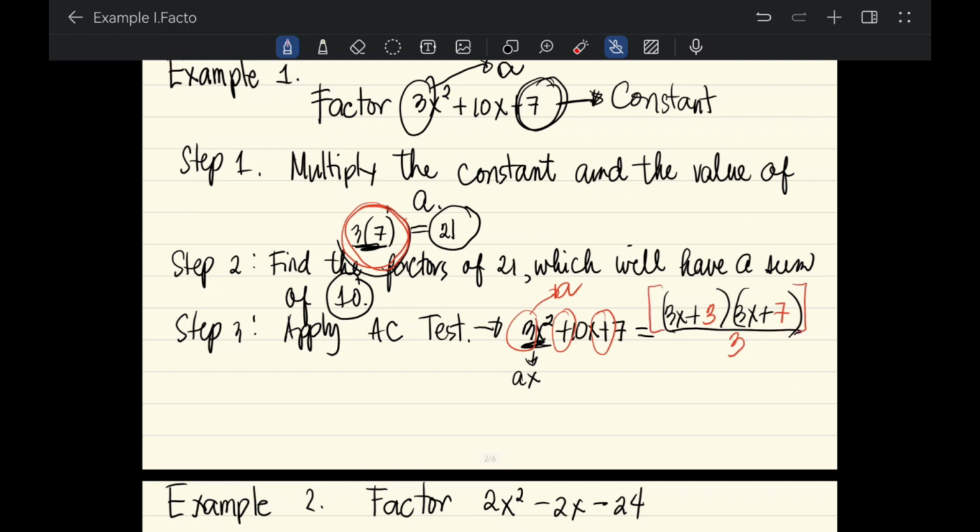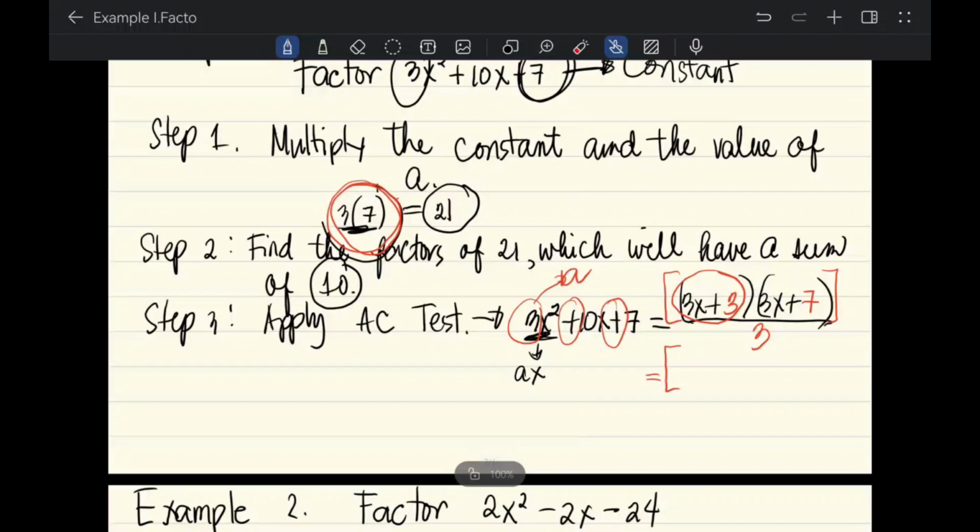Okay. Next, since we can factor out the greatest common factor of this factor, we can take out 3. So that becomes 3x divided by 3, that is x. 3 divided by 3, that is 1. The sign is positive. Copy.